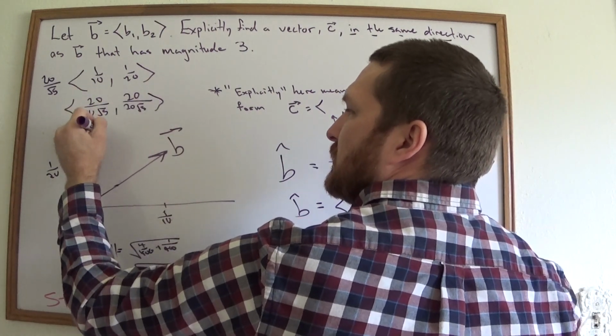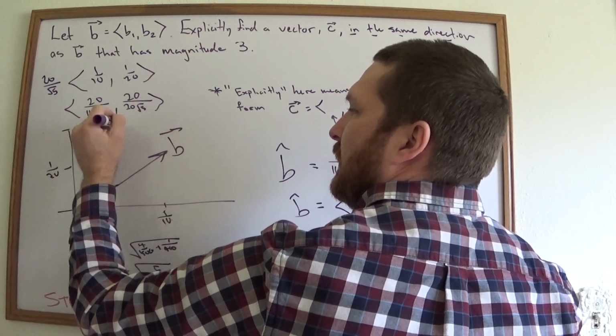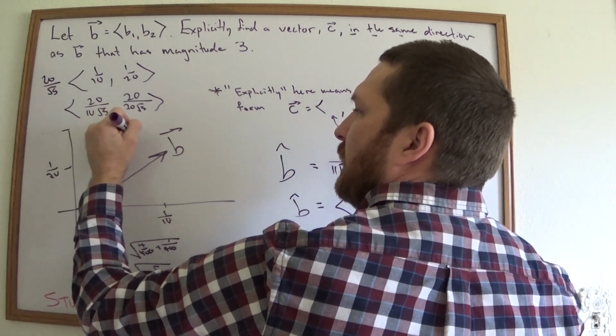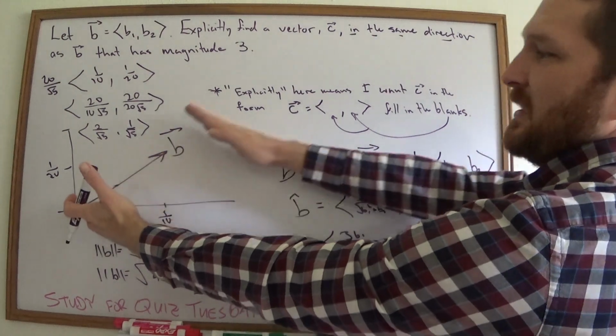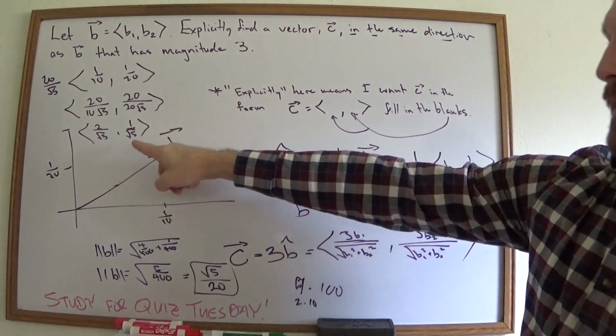That cancels, that's 2 over root 5, 1 over root 5. And so now I would have to stretch this guy out by however much by doing that, right?